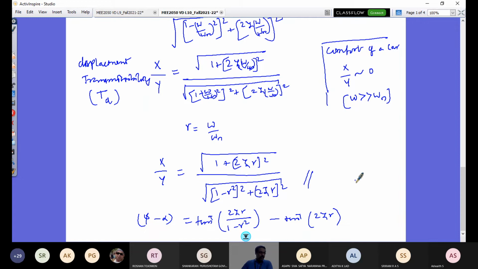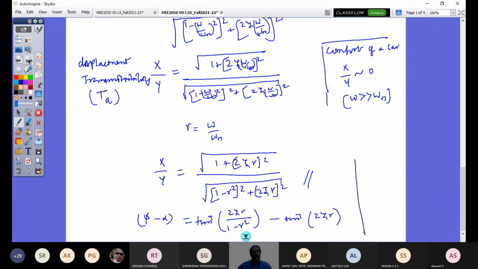So this is your steady state response if your vehicle is excited by the road sinusoidal profile. Any doubt in this part? If you have, please ask. Otherwise, we'll continue.